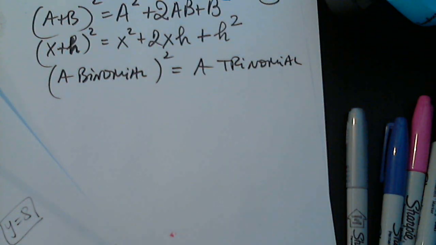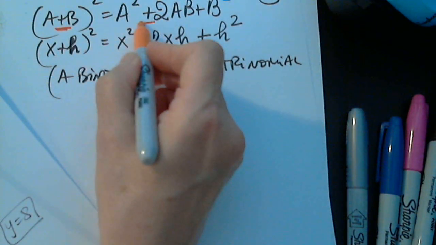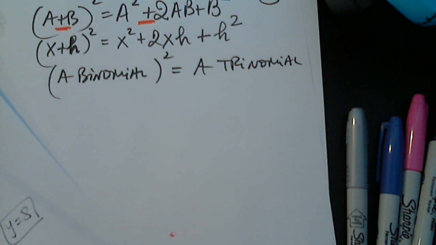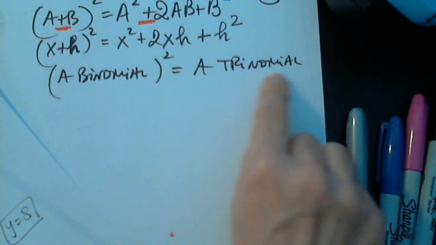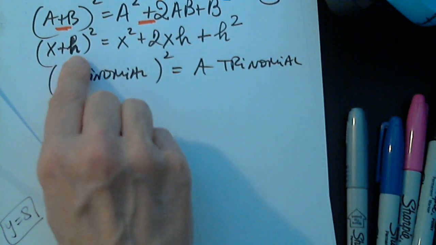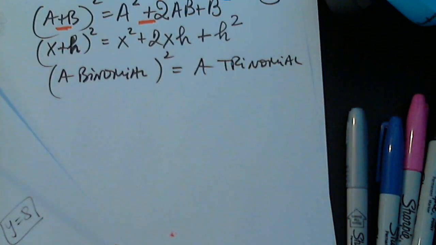If there is a minus here, then you have a minus here. That's the only difference. Any binomial that we square, we have to come up with a trinomial as the answer. A binomial, 2 terms squared, 1, 2, 3 terms as the final answer. Any questions?